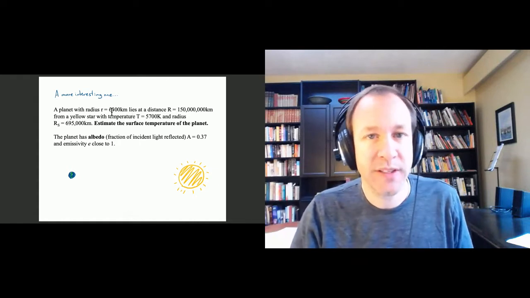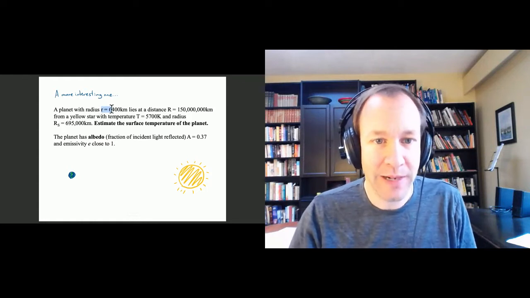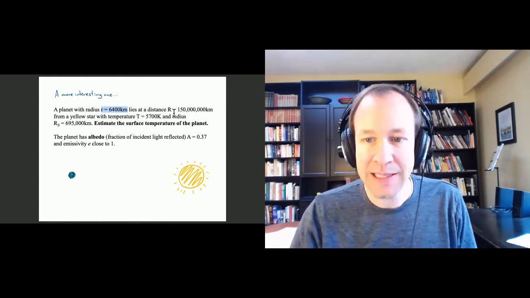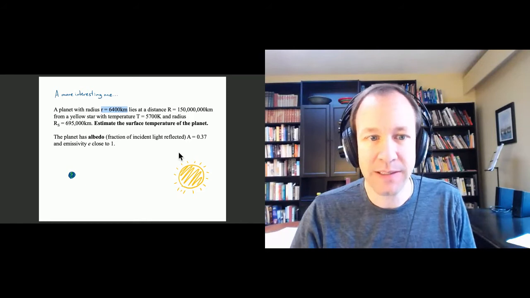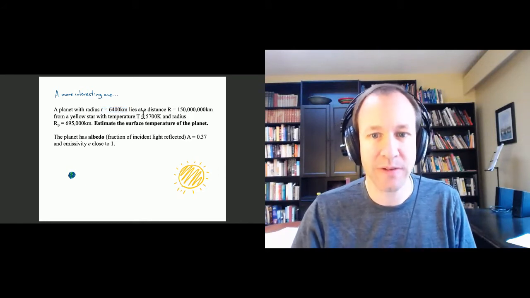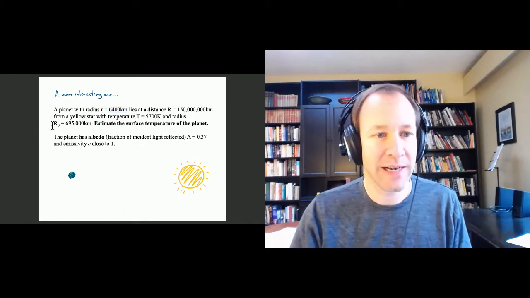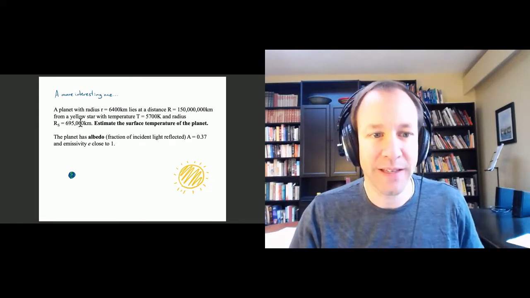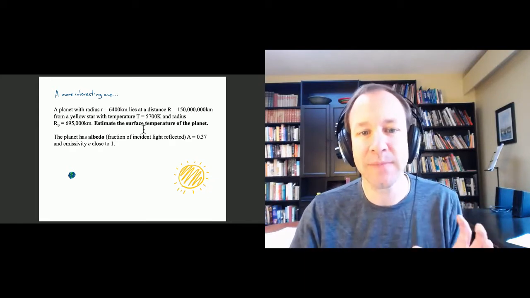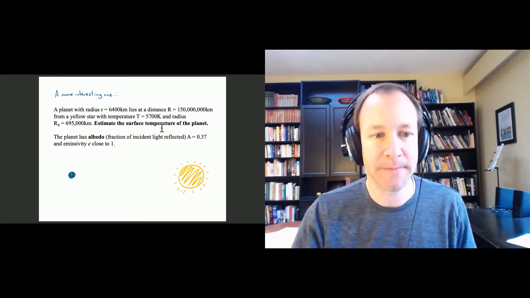Okay. So here's the question. The planet, with a radius of 6,400 kilometers, lies at a distance of 150 million kilometers away from a yellow star with temperature 5,700 Kelvin and radius of 695,000 kilometers. And so we want to estimate the surface temperature of the planet.